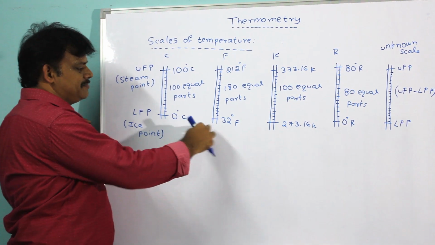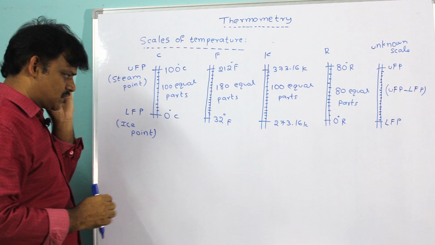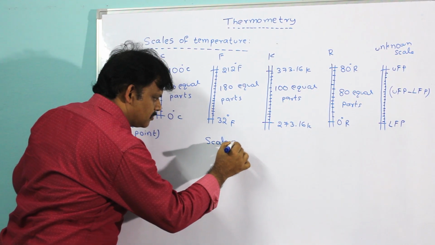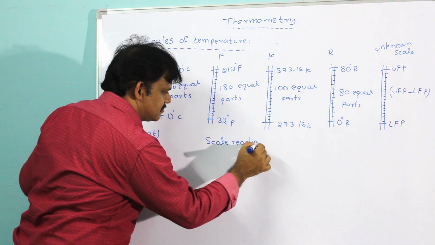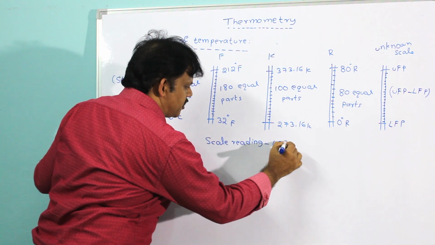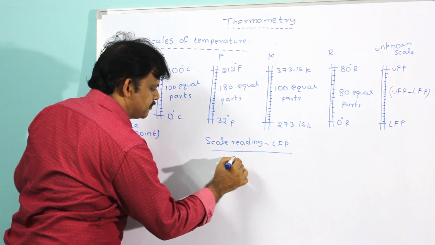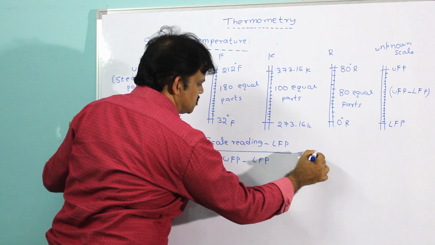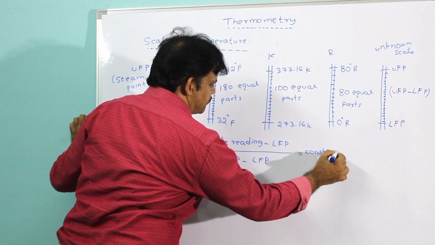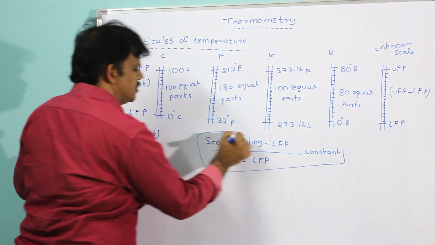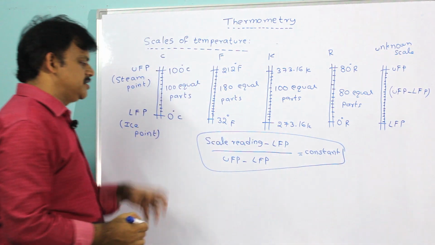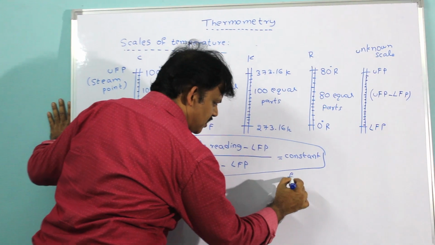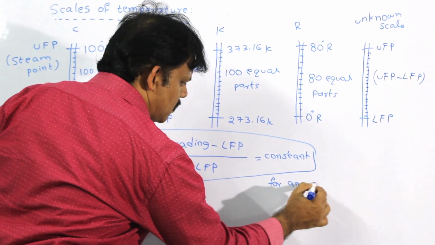So, in order to relate between them, we need one common property: scale reading minus lower fixed point divided by upper fixed point minus lower fixed point is constant for any scale. So this is the key expression. Based on this expression we can derive the different relations.